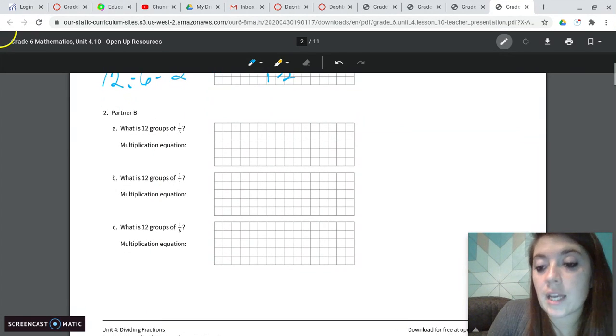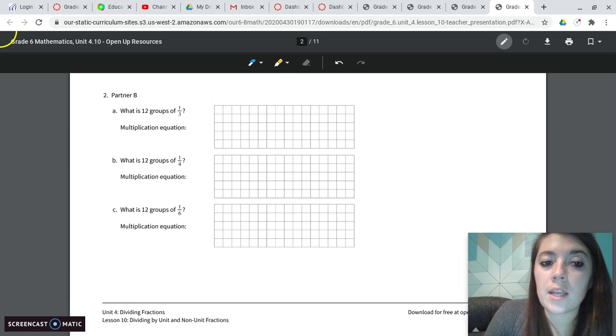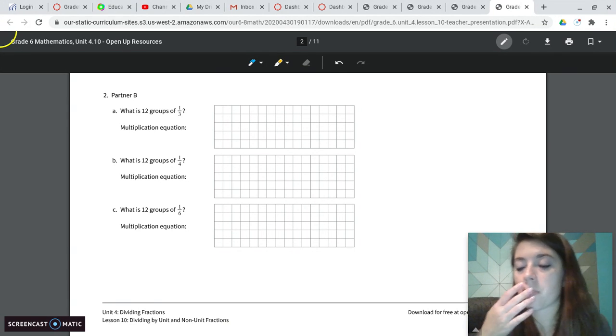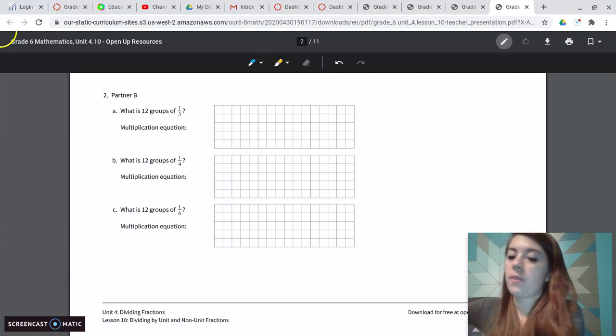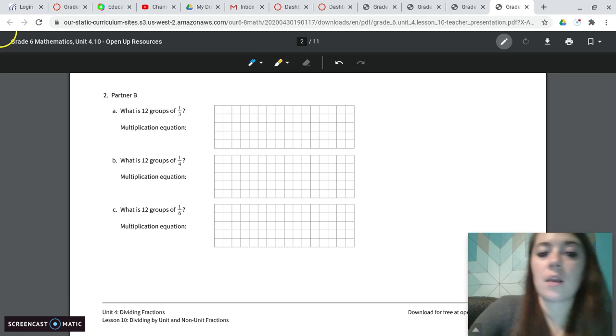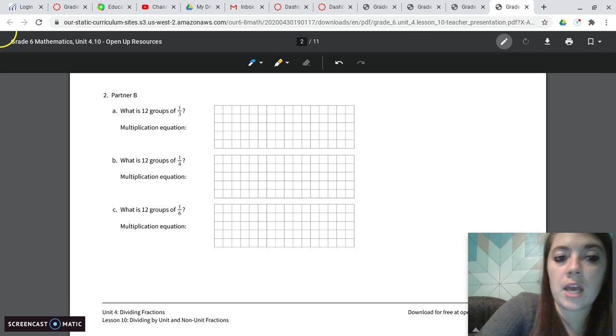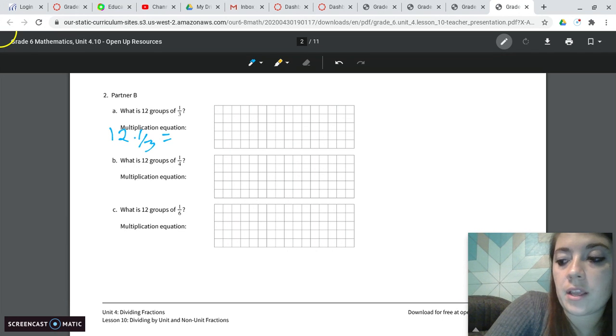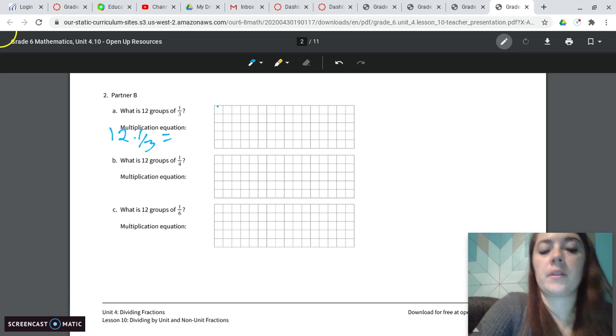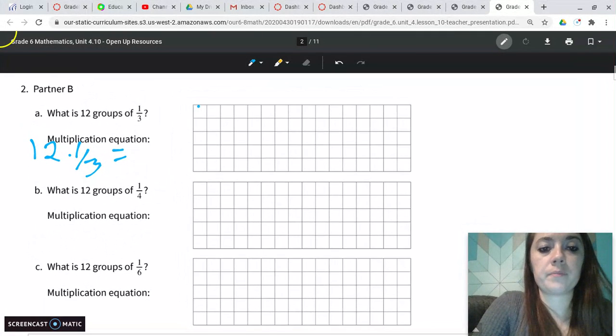Now, the next set of these, what is 12 groups of 1/3? So it's saying 12 groups of 1/3. So that means we're taking 1/3 12 times. So this time it's going to be multiplication. So 12 times 1/3 equals, well, if this is a third, let me make this bigger, it might be easier.